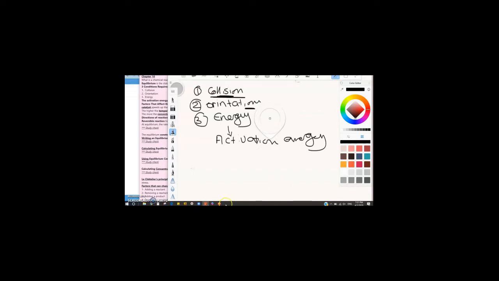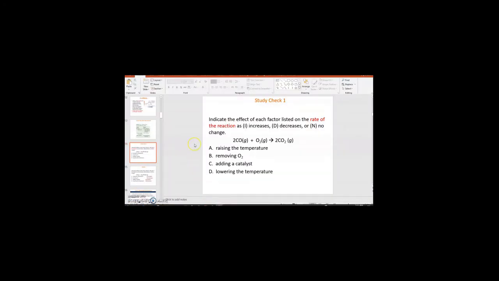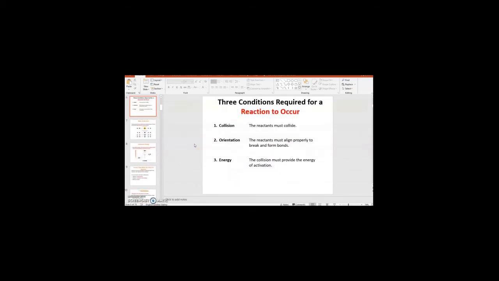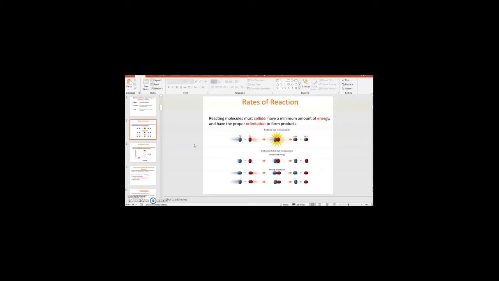I will show you here. So as you can see here, those are some reactions, and we need to figure out which one will actually happen and which one will not happen and why.